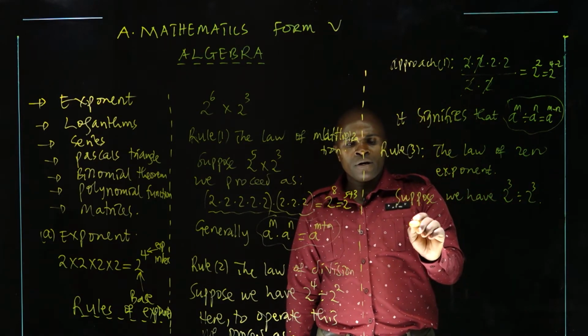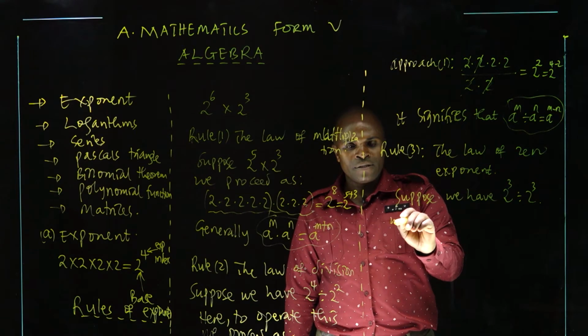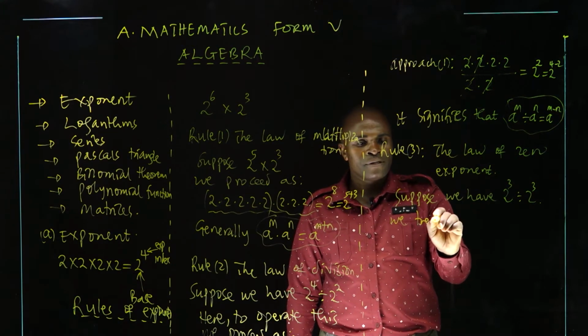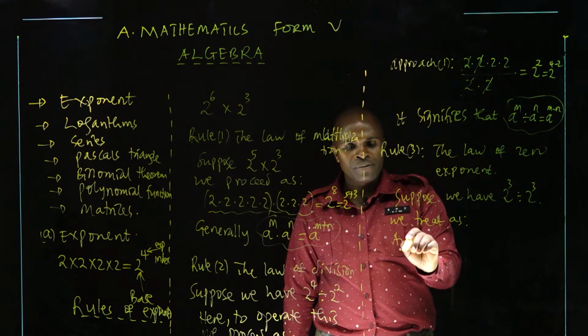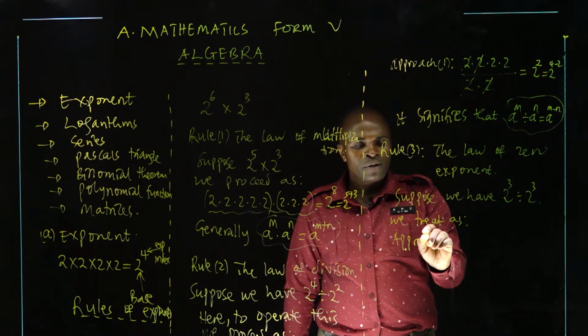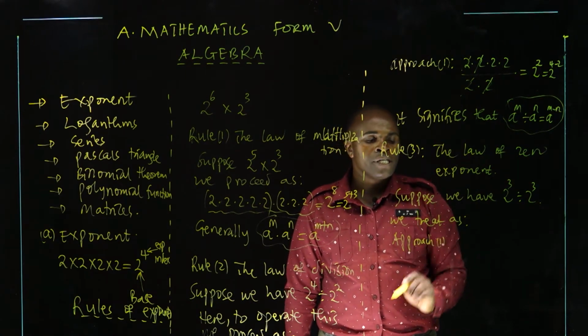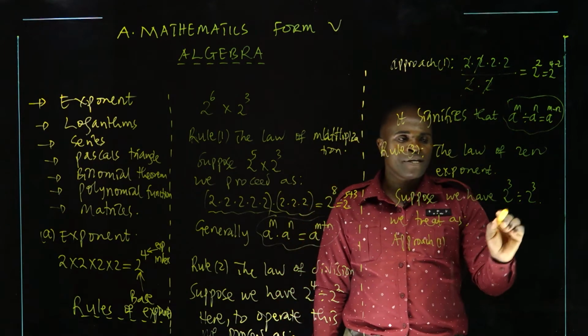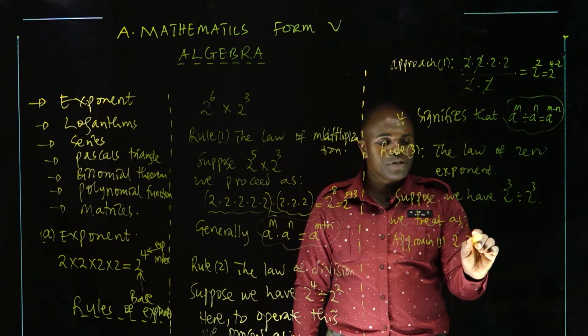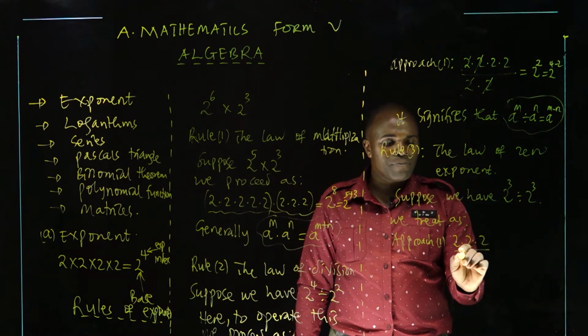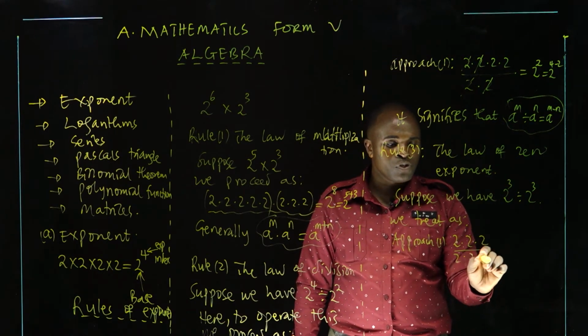Here, we treat it with approach 1. With approach 1 here, class, it could be simple like this. We could just take 2 times 2 times 2, and then divide by 2 times 2 times 2.